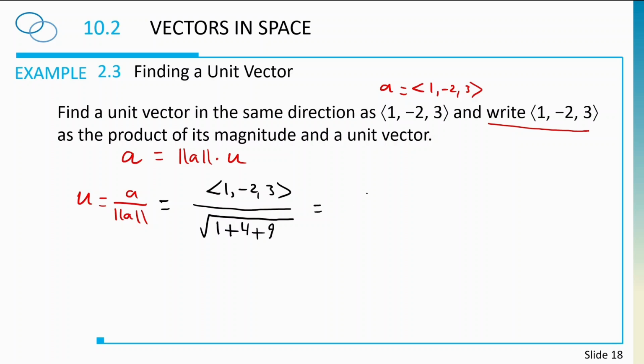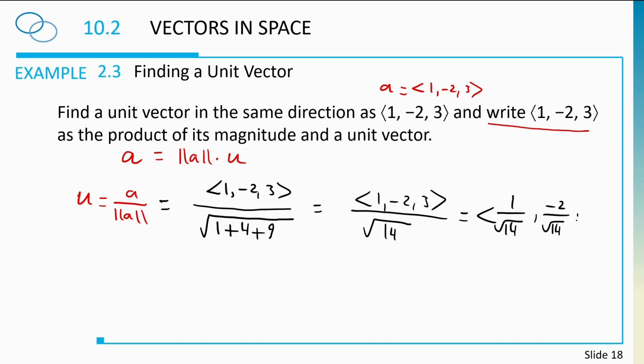So this is (1, -2, 3) divided by the square root of 14. This is a scalar, so I can distribute: 1 over radical 14, -2 over radical 14, 3 over radical 14.